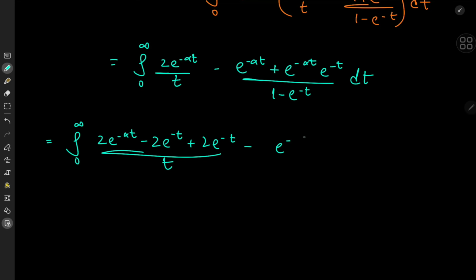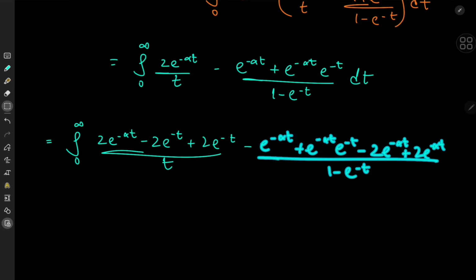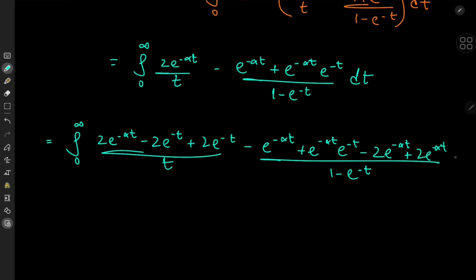Well, we have e to the negative alpha t plus e to the negative alpha t e to the negative t, and I would really like it if there was a minus 2 e to the negative alpha t term over here. So I'll add that term back. No harm done. And of course, I'll make some space for the differential element, which I often neglect writing.